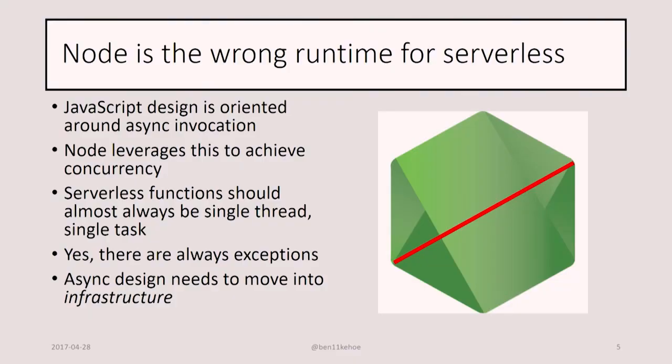But more fundamentally, what we want is that async design needs to move into the infrastructure. We want callbacks, sort of promises in some sense, to move into the component graph rather than within our code.